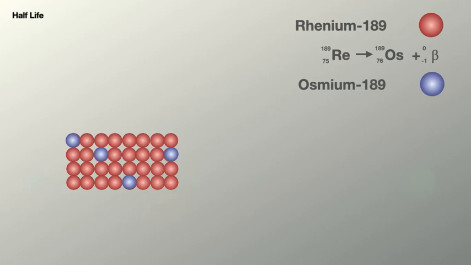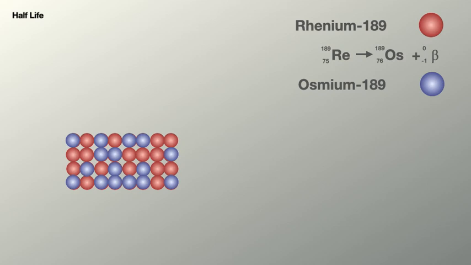Now, this is a completely random process. We don't know which atom's going to decay, but every so often one will decay and will turn into osmium. Now, this is going to take some time to do. The time it takes for half those atoms to decay is called the half-life.